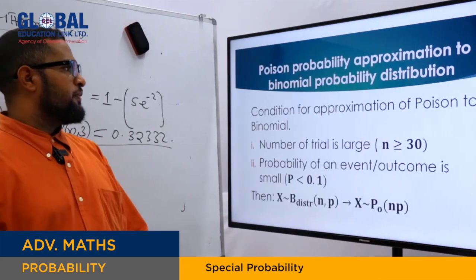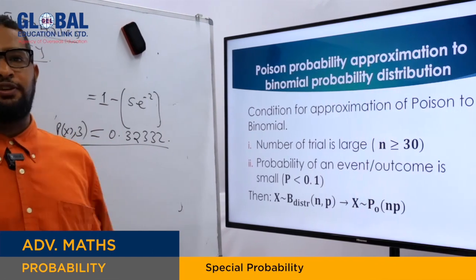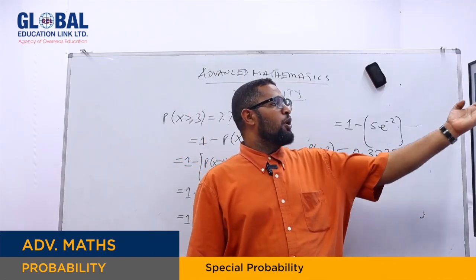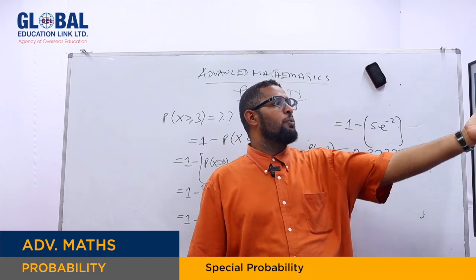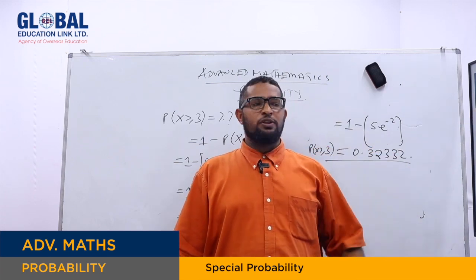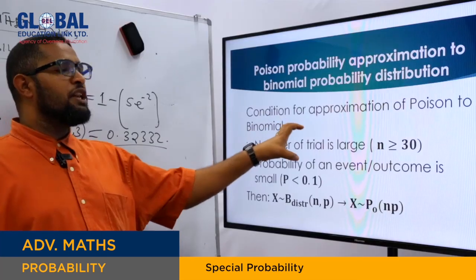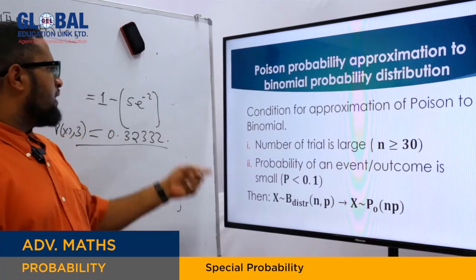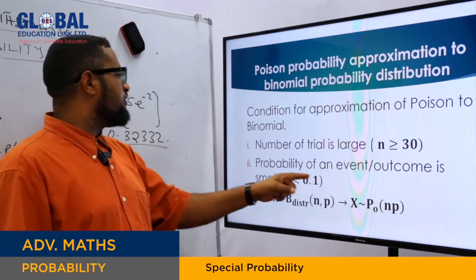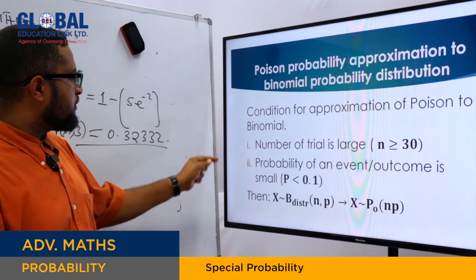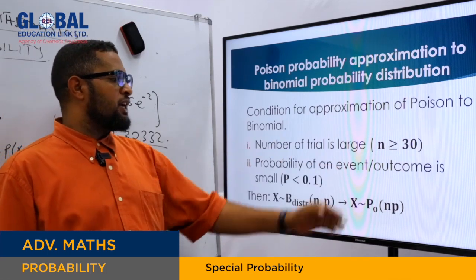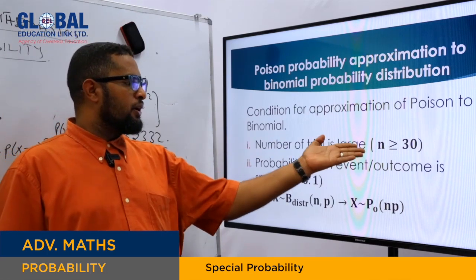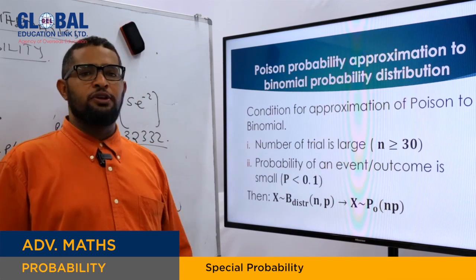Now, to do it, you need to know the concept of Poisson probability approximation to the binomial probability distribution. So that question falls under this part. Now, the conditions for approximation of Poisson to binomial. First, the number of trials is large, for example, greater than or equal to 30.